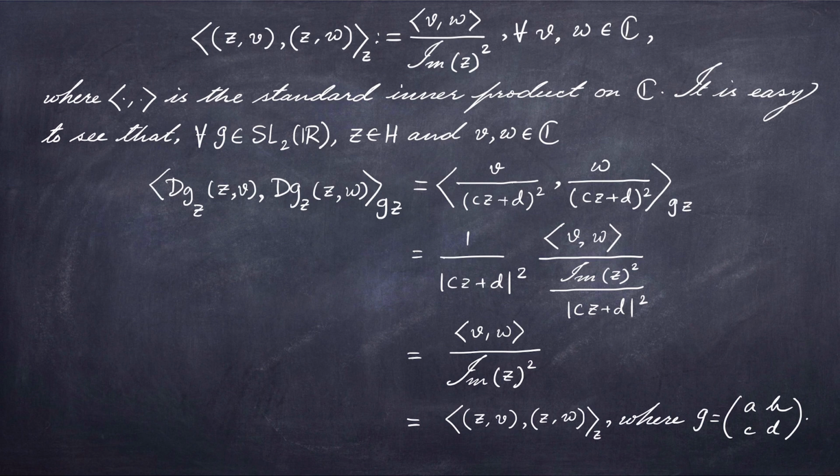Now you will see the reason for this scaling. The reason is that if we consider this inner product, the obvious one scaled by this factor, then this inner product is going to be preserved under the action of the group SL2R.